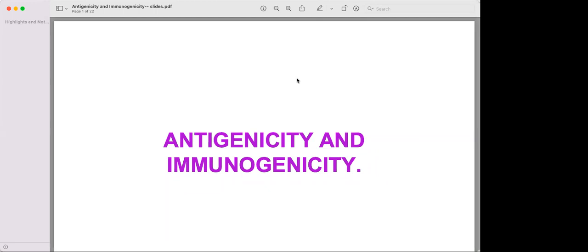We have the adaptive or specific arm of immune response, separate from the innate arm of immune response. Now, what I'm talking about here is that you have cells which are involved in the recognition of that foreign intruder. But you also have the fluidic portion of the immune response, otherwise called humoral immune responses.